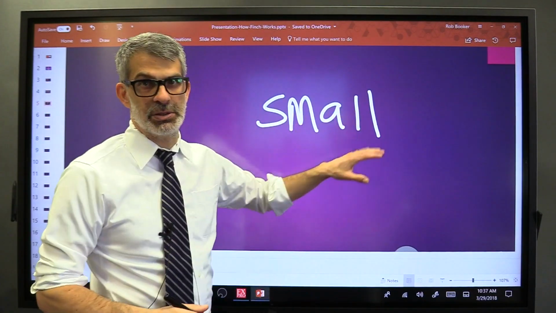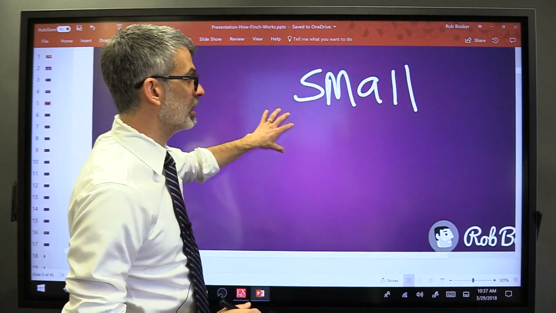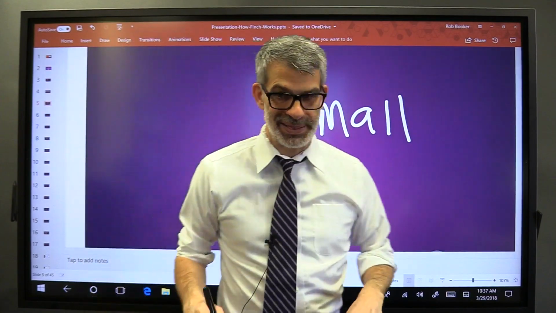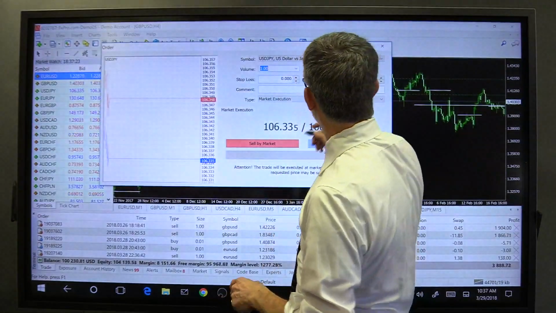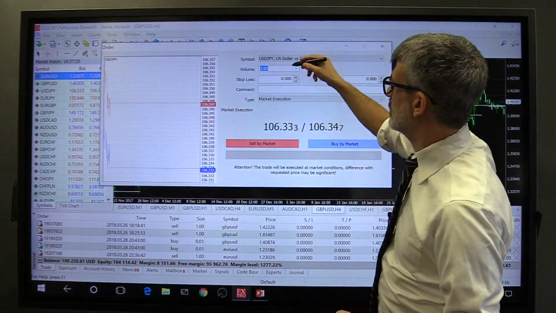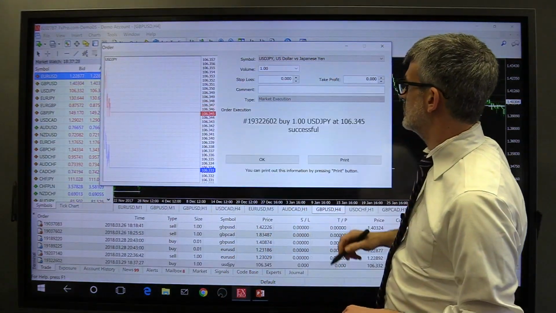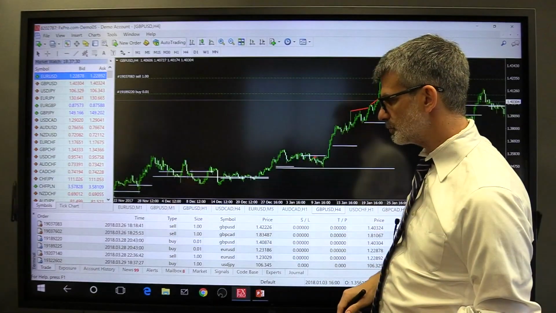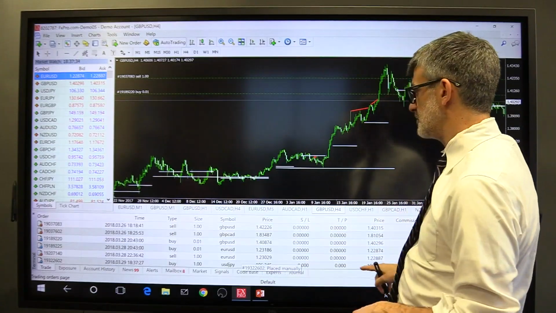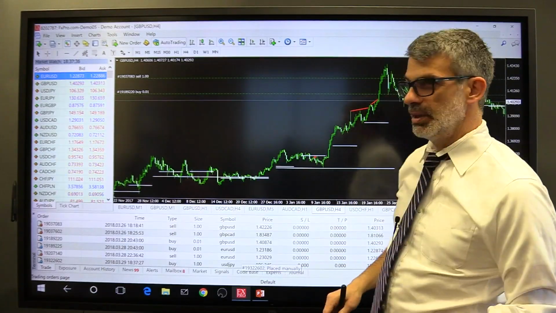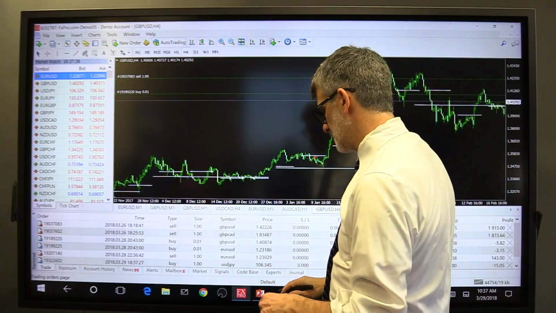Why do I say that your trade size should remain small, at least at the beginning? Let's take, for example, a 1 lot trade size on the US dollar Japanese yen. So we just bought a 1 lot trade size, and let's say we have a $1,000 trading account.